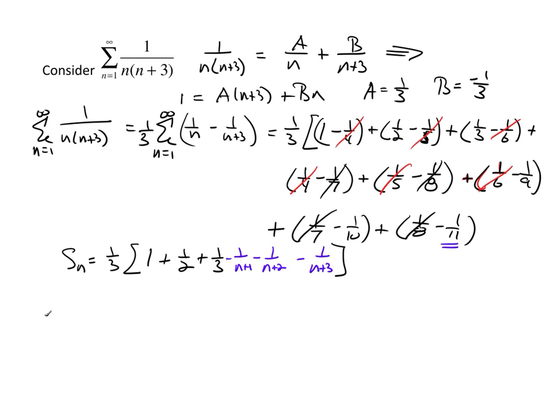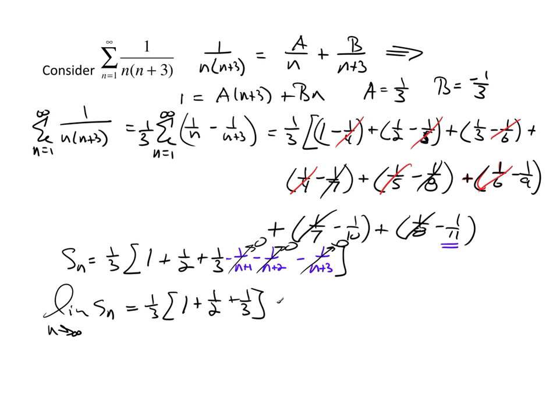So if I look at the limit as n goes to infinity of S_n, in the limit this will go to 0, this will go to 0, this will go to 0, and I'm going to end up with 1/3 times 1 plus 1/2 plus 1/3. Which, if I add this up, is going to be 1/3 times, it looks like 6 is going to be my least common denominator.